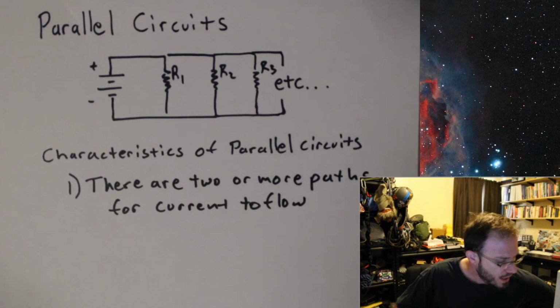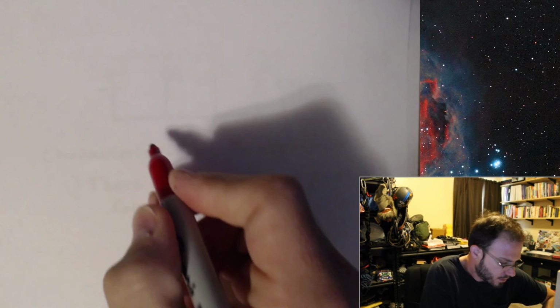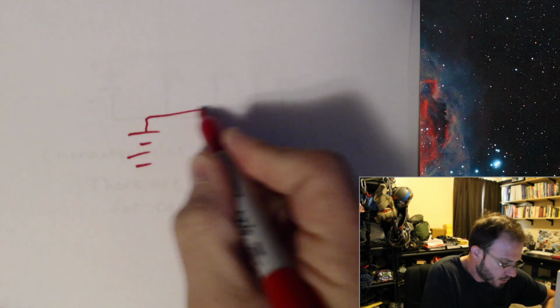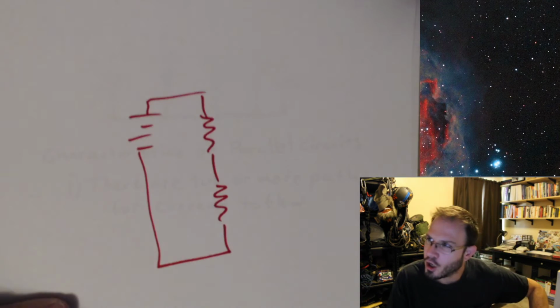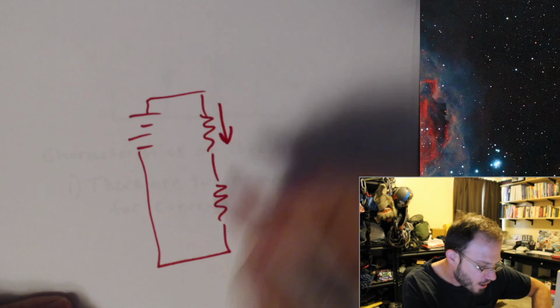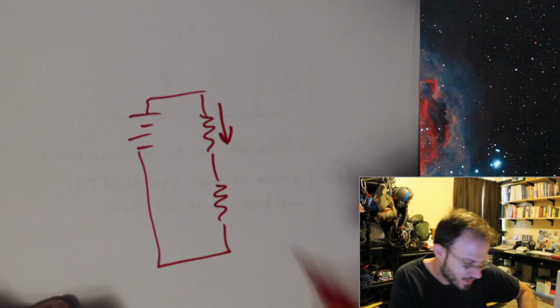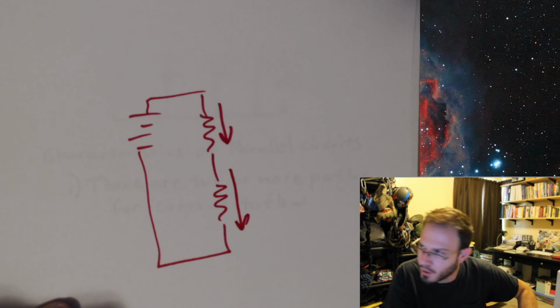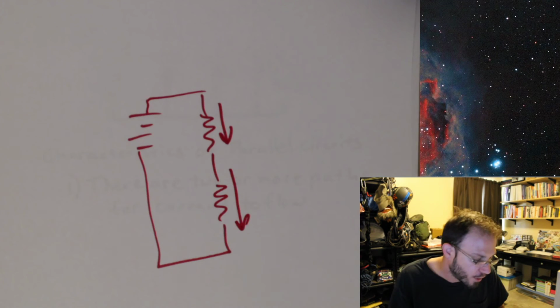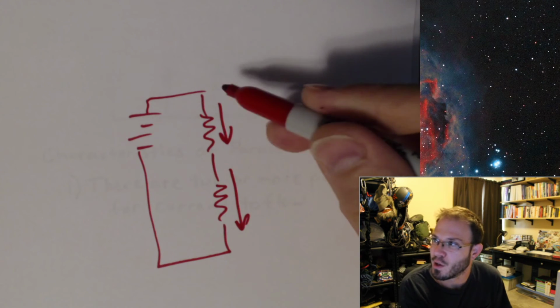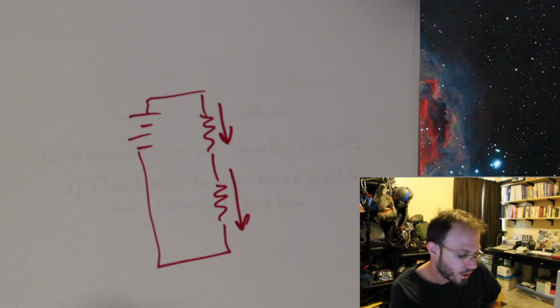So if you're looking at a series circuit, the current going through here absolutely must continue through here. Think about it as a pipe. There's only one way for stuff to go, in this case the electrons. There's only one way for this current to flow.